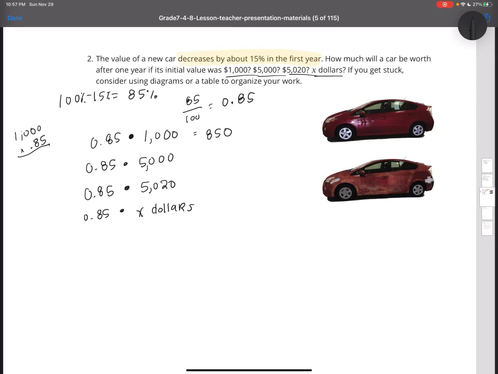If this is 1,000, I could multiply my answer times 5 to figure out what's 5,000. So I could multiply 850 times 5, and it should give me 4,250. If you didn't know how I got that, you could also just solve the expression on this side, and it would have given you the same answer.